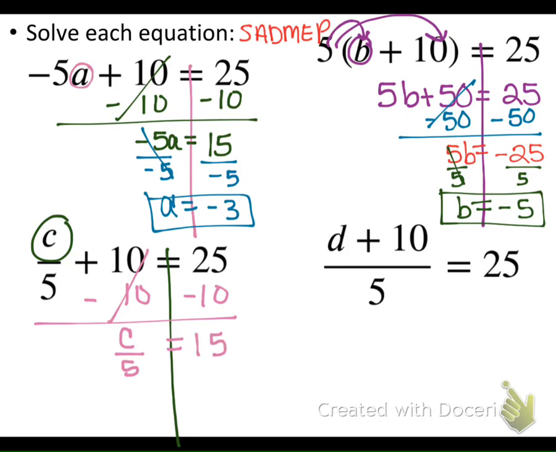To get the C by itself, whatever I do on one side, I do to the other. Okay. Then you have C equals 75. Good job.